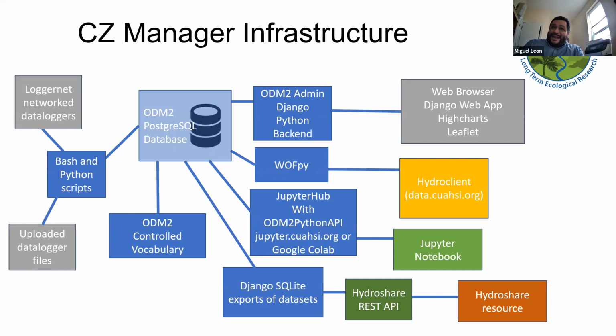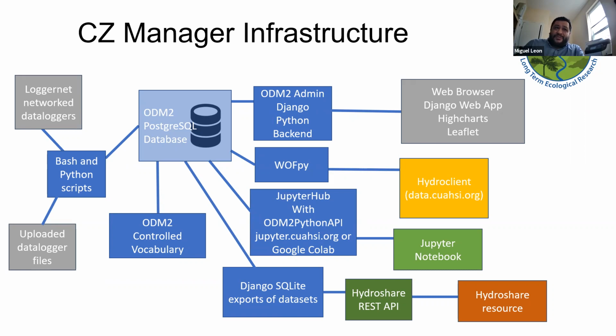So ODM2 is a data model, so it doesn't imply necessarily a physical implementation, but in our case, we've implemented it as a PostgreSQL database, and data come into the system through networked data loggers, as well as uploaded data logger files. And those data are then processed with Bash and Python scripts to load the ODM2 database.